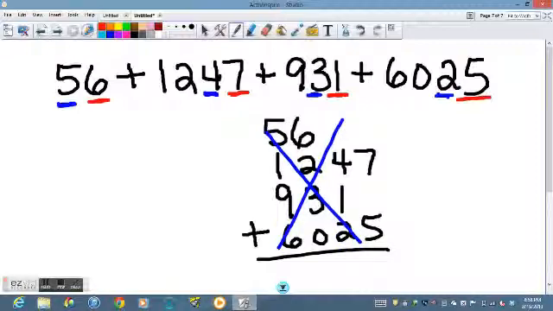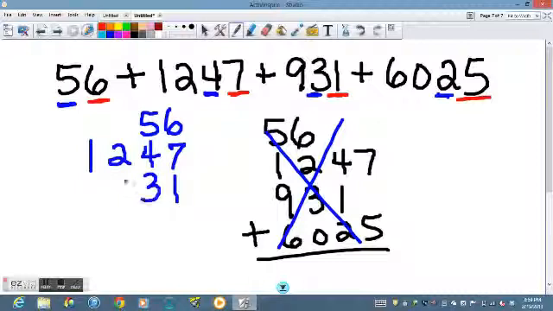What I have to do is I have to write 56, and then when I write 1,247, I have to make sure the 7 is under the 6, and I have to make sure the 4 is under the 5. So I need to line them up that way. And then 931. Okay, and then 6025.